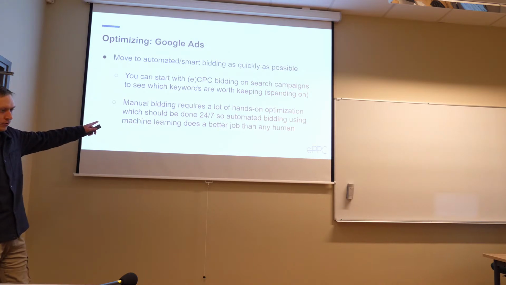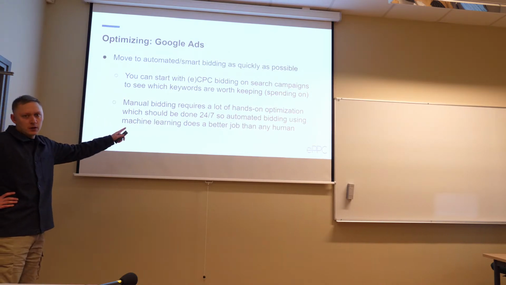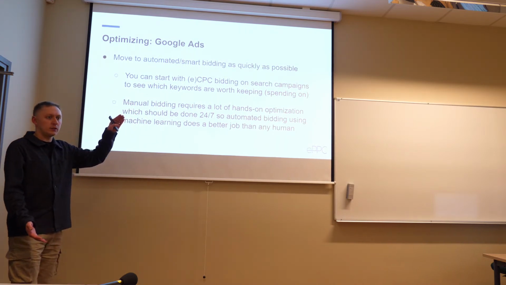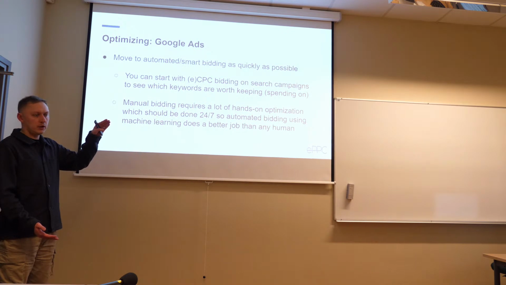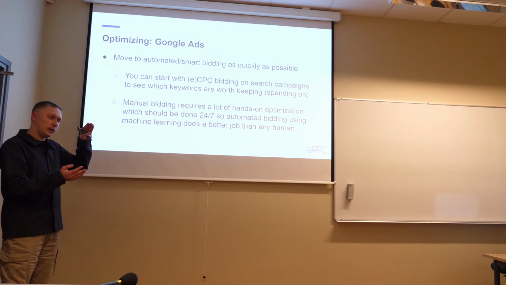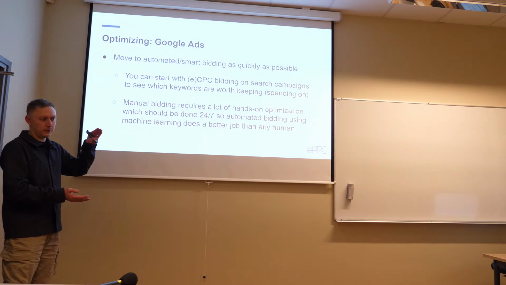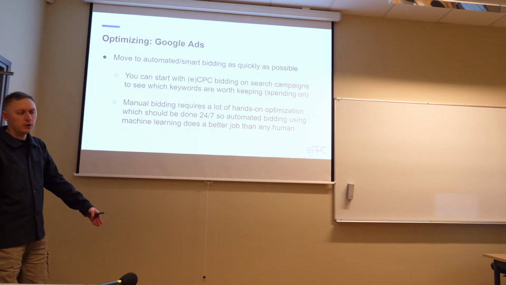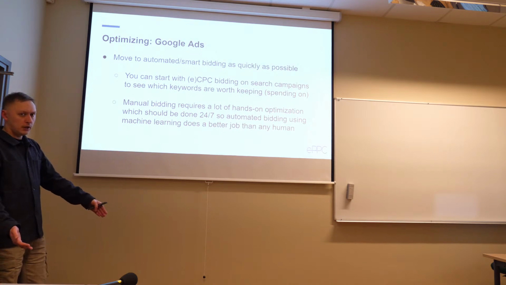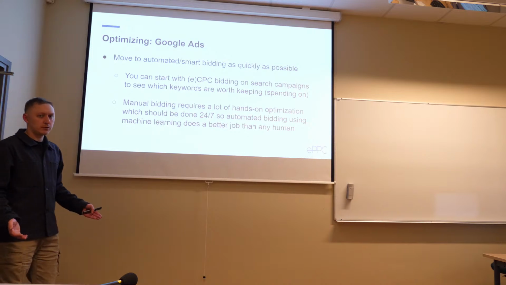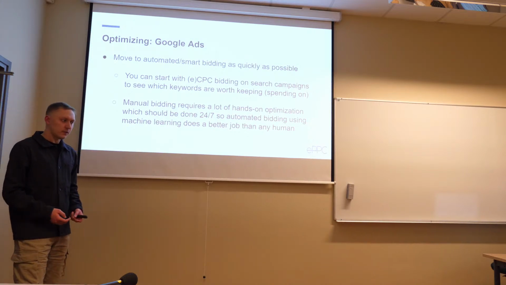And also, I don't have a screenshot for this, but usually, let's say you have 100 keywords and you look at last week's performance, and you see that some keywords, all of the times that they show, they are in the first position. Your ad is in the first position, and then there are some other keywords that are maybe more broad, more expensive, and there you're in the top position only 10% of the times of your impressions.